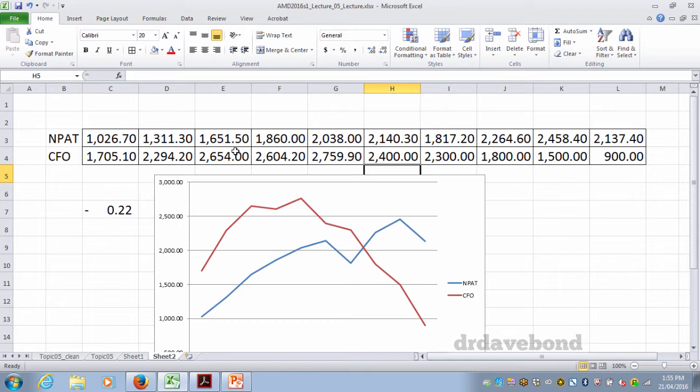If profit still looks like it's going well, and with a few blips here and there still looks like it's trending upwards, and you see cash flow start to tank, what that's suggesting is the difference between them is not staying consistent. And that means there's been accounting decisions and accounting choices being made to more aggressively show profit.